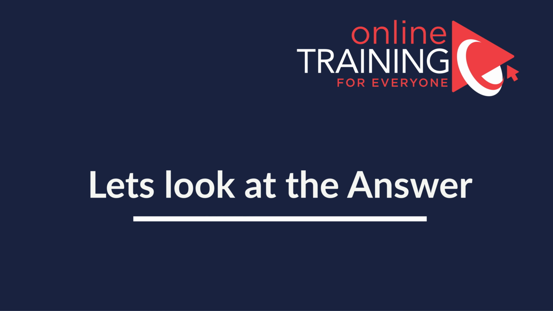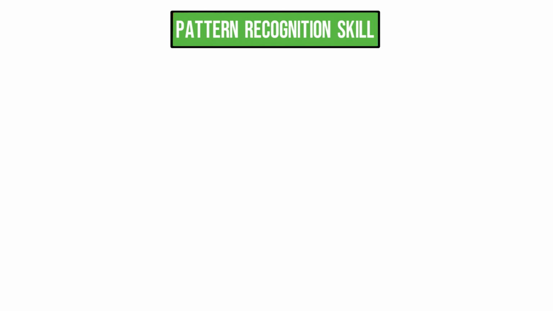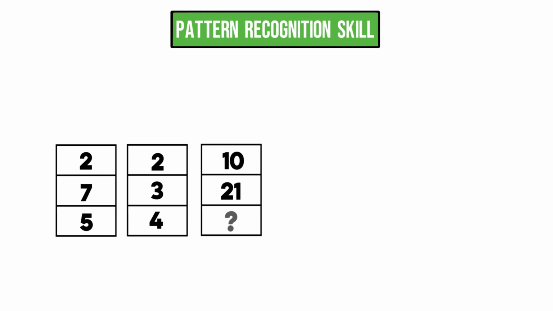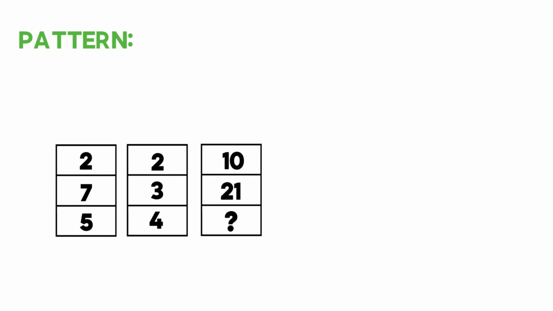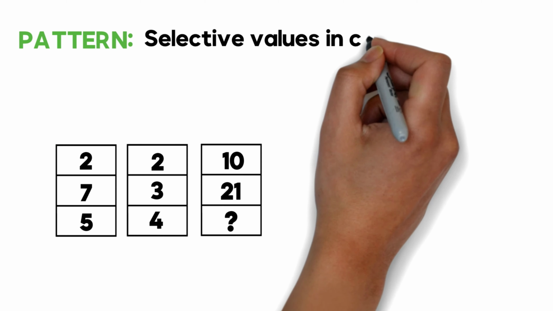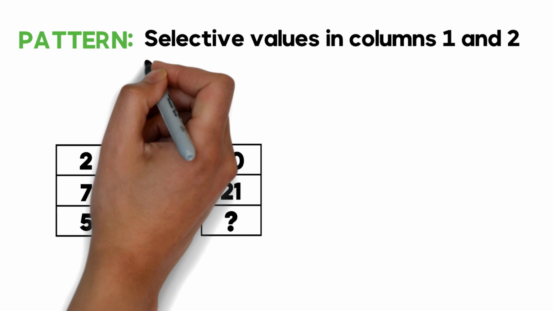The most important skill to solve these types of problems is pattern recognition skill. To recognize the pattern, you need to look closely into each column. Selective values in columns 1 and 2 by multiplication get to the value in column 3, and this is our pattern. Let's take a closer look for the values that are already present.